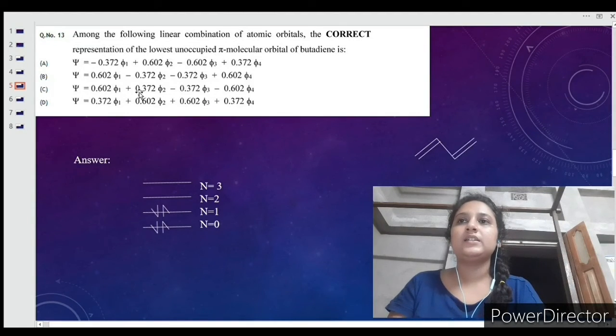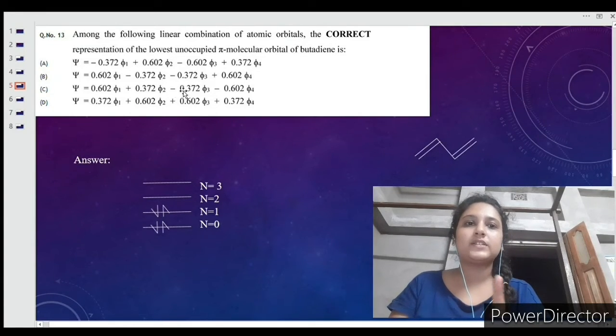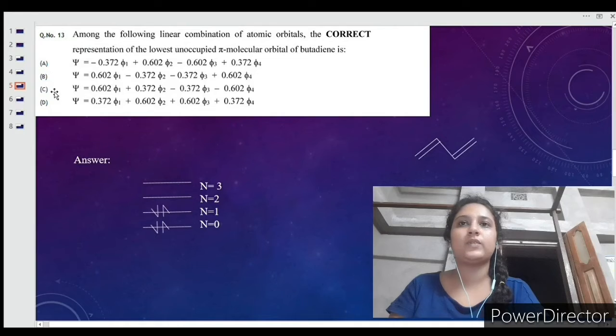Now what about option C? Here from phi 1 to phi 2 there is no sign change. From phi 2 to phi 3 there is a sign change from plus to minus, so a sign change one time. In the next stage there is again no sign change, minus to minus.